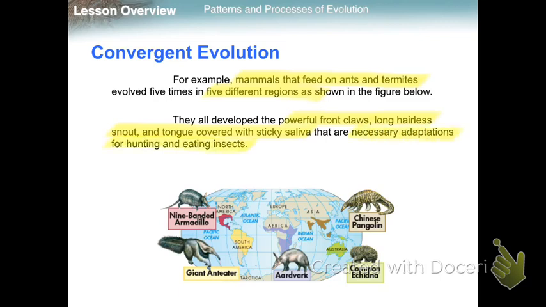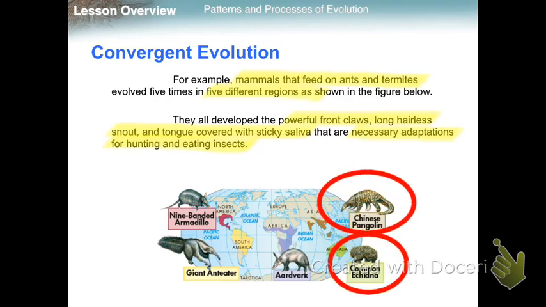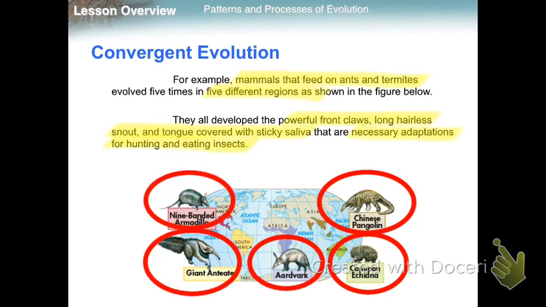So you see on 5 different areas on this map, there are species that, again, they're not genetically related to one another, but the selection pressure in these 5 different areas of the world is similar, such that if there's a mutation that creates this adaptation, that particular member of the population will survive and reproduce because it is best suited to its environment.